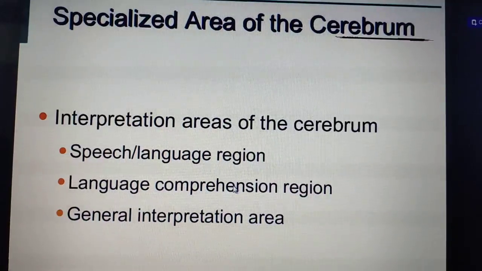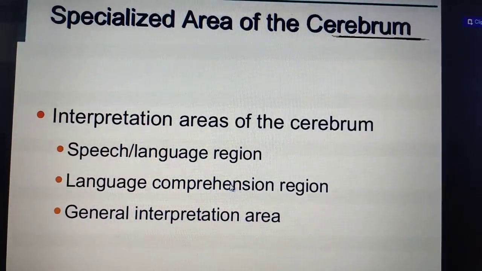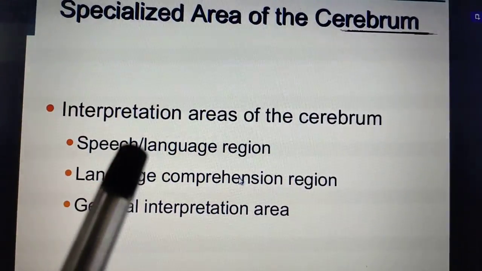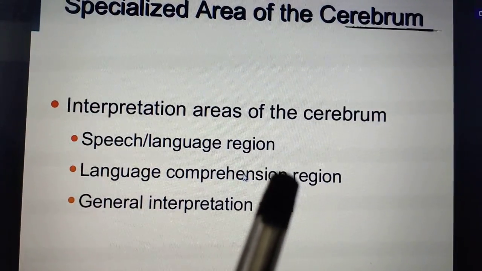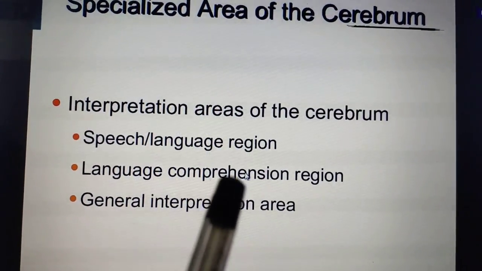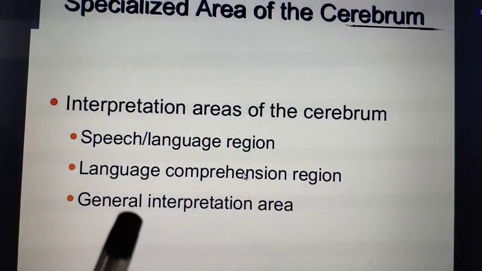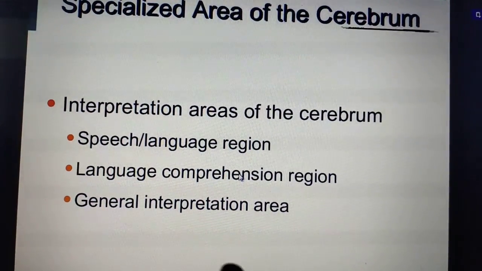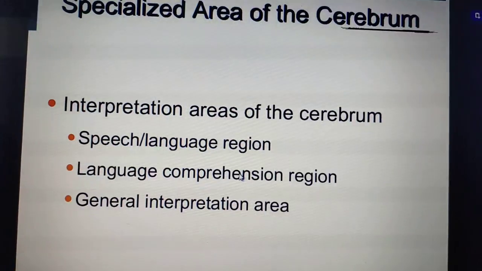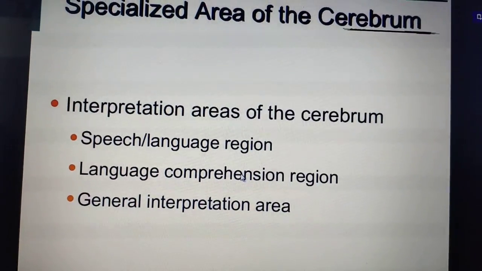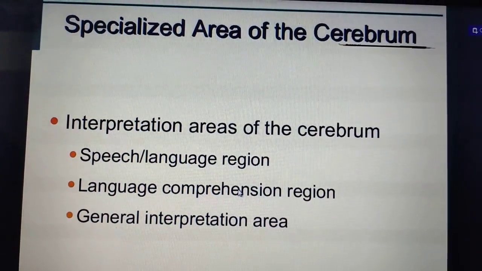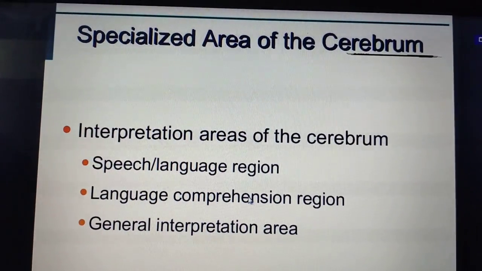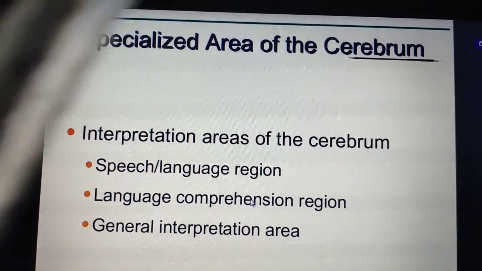So the main function of the cerebrum is to help in speech, the language region we can say, then the language comprehension region. The general interpretation of the area. The memory, thinking, speech, intelligence, all these centers are situated in the brain part that we call cerebrum.